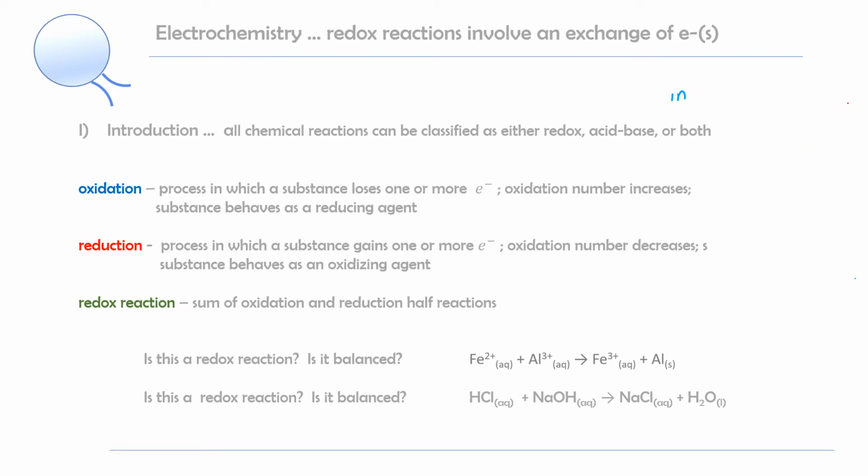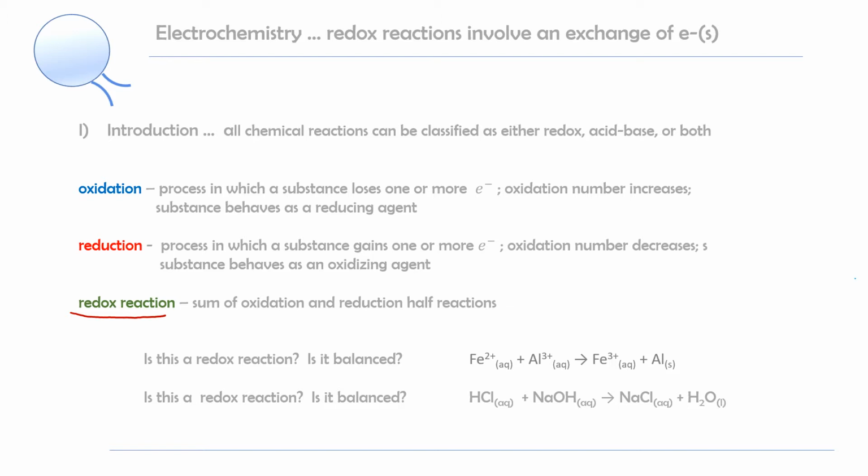Alrighty, so some terminology that's important when we do redox reactions. First of all, what is a redox reaction? Well, an overall redox reaction we think of as the sum of two half reactions.